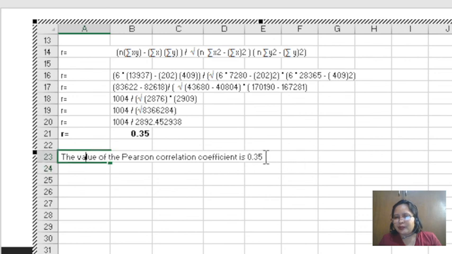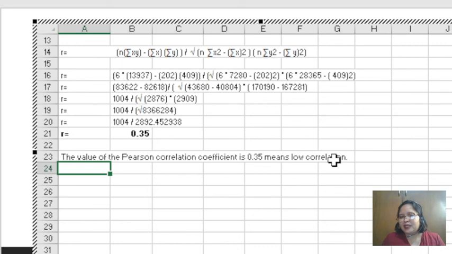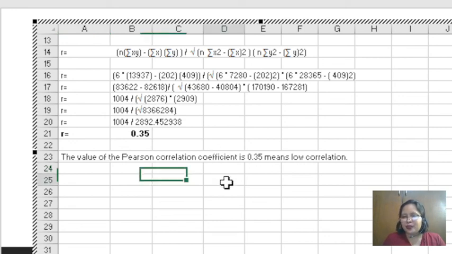So meaning 0.35 means low correlation. This means the strength of the relationship between the variables, the age and the weight, is a low relationship. So that is what comes out based on this computation.